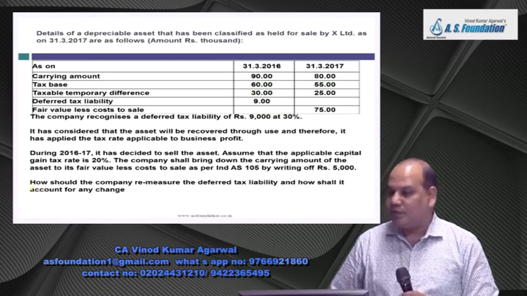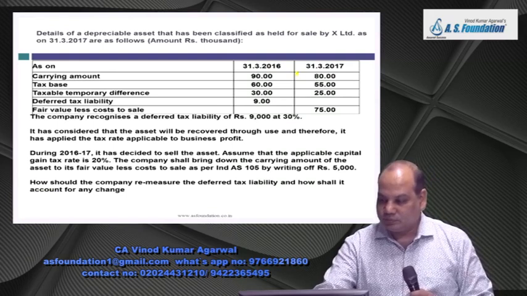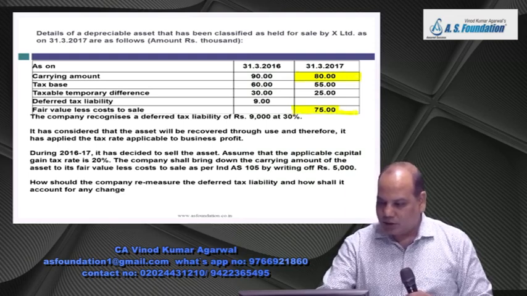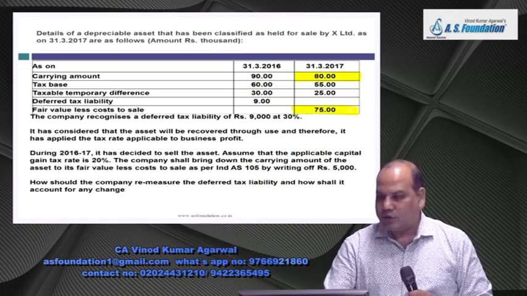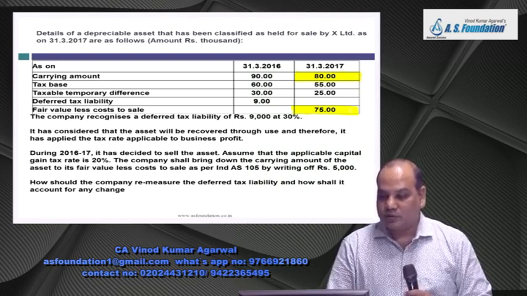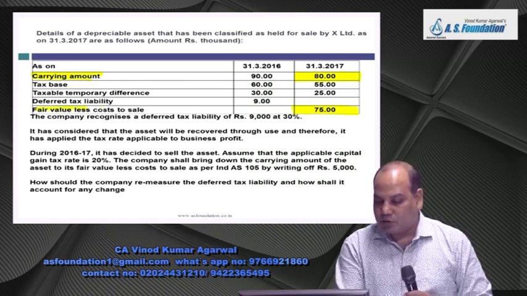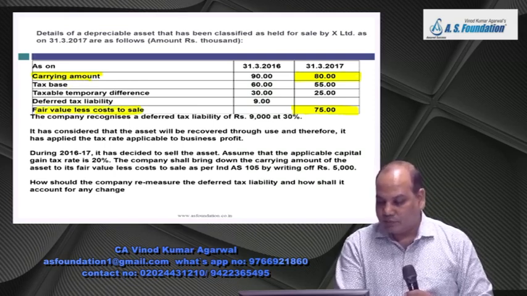Ind AS 105 will become applicable. If Ind AS 105 is applicable, then we will value the asset at the lower of the two for accounting purpose: lower of carrying amount and fair value less cost to sell. So in this case, my answer will be 75,000.